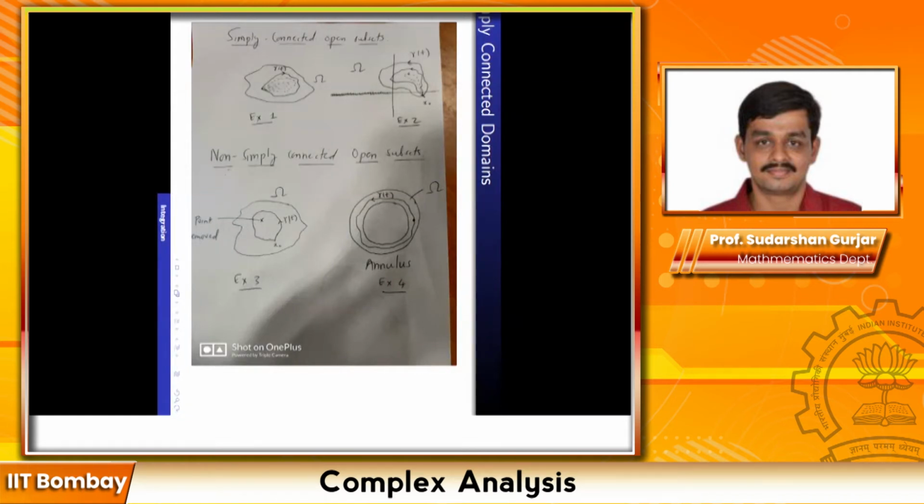Roughly speaking, then I will say that gamma tilde is a small deformation of gamma. But continuously deforming the curve gamma to a constant requires a little bit of work. Even the definition requires a little bit of work, which I'm not going into because the notion is very clear intuitively.